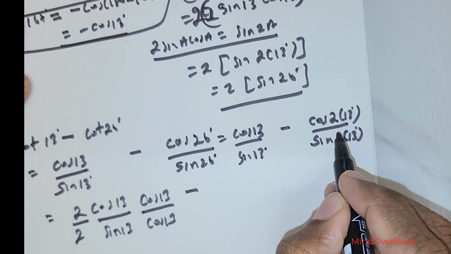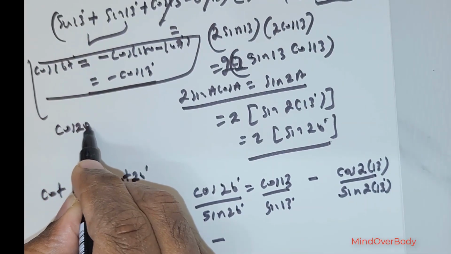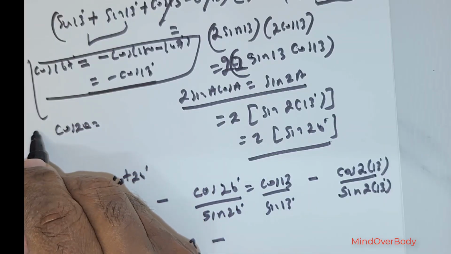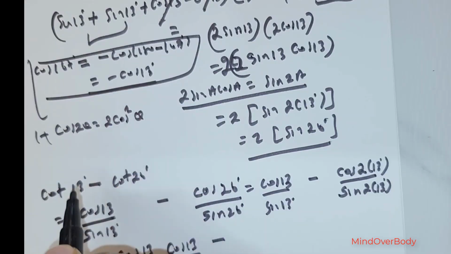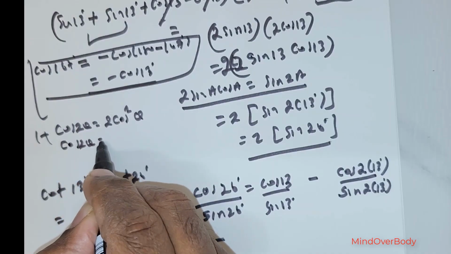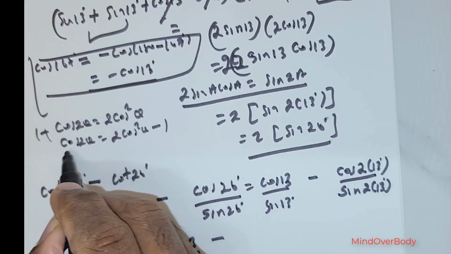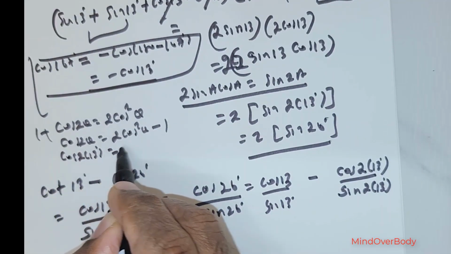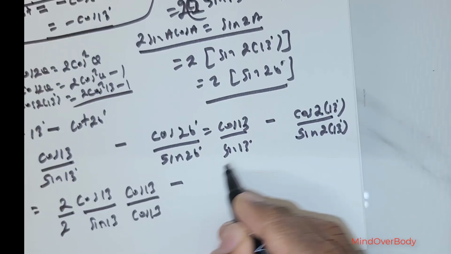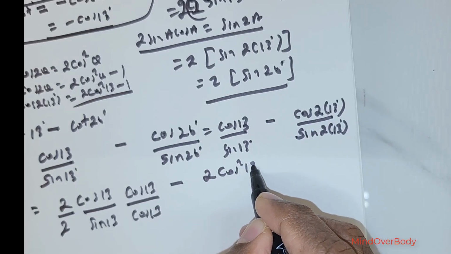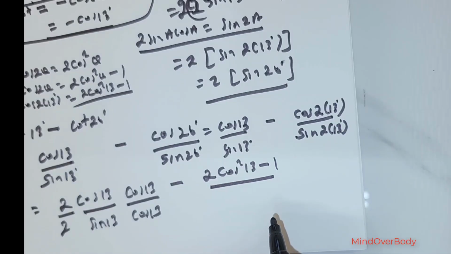This is followed by cos 2θ. Now there is a formula: 1 + cos 2θ is equal to 2 cos squared θ, so cos 2θ is 2 cos squared θ minus 1. Over here we are dealing with cos of 2 times 13 degrees, which gives me 2 cos squared 13 degrees minus 1, divided by sin 2 times 13 degrees.